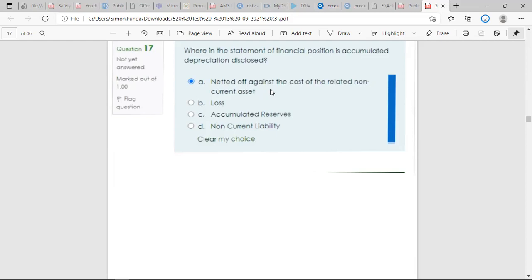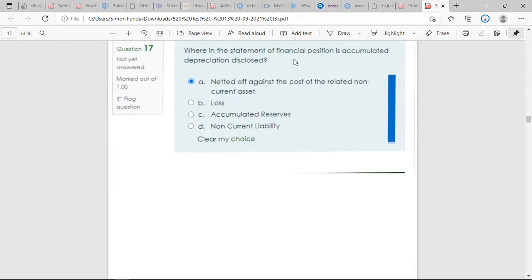So when you charge 10,000 from 60,000, you have 50,000. So every year it will be just going on like that. So we don't show it per se, but we net off against the costs of the related current asset. So usually in the financial position, we just show the net assets.